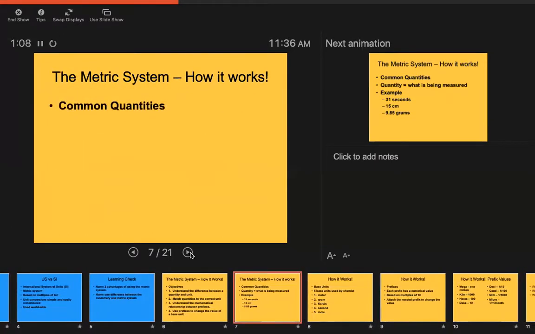There are some common quantities that we're going to measure over and over again, especially in a chemistry setting. A quantity is referring to what is being measured.